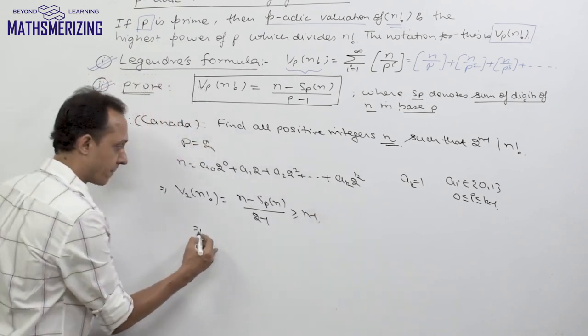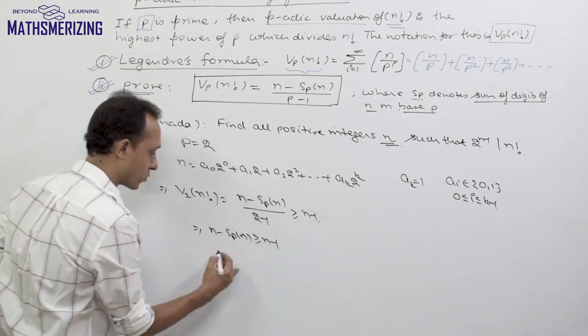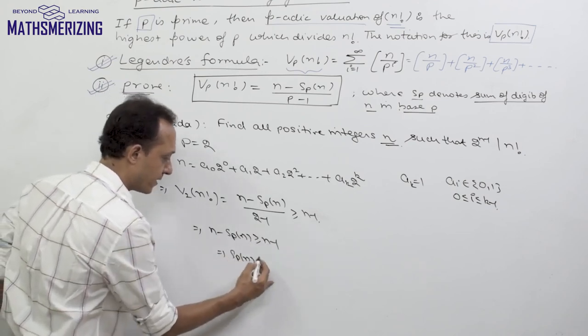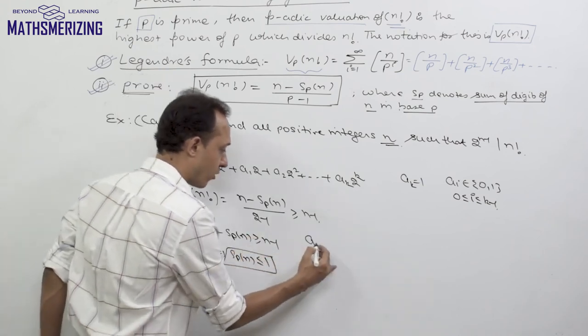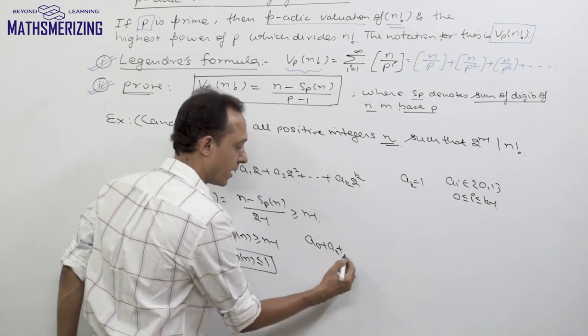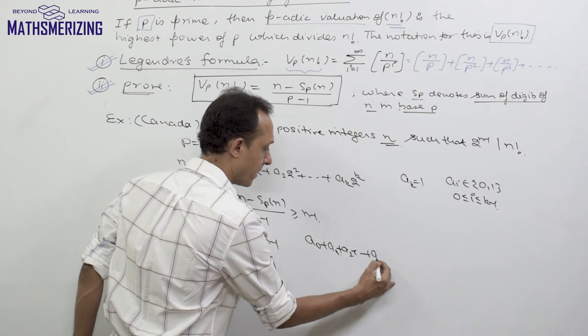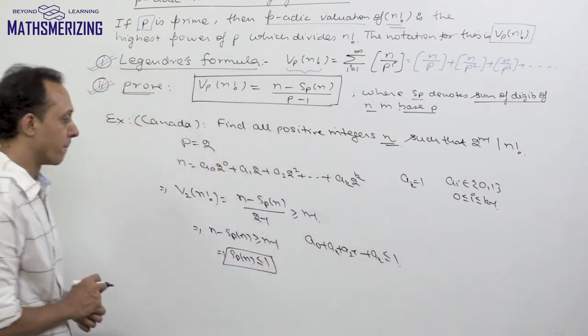So we'll write n minus Spn should be greater than or equal to n minus 1, which is Spn should be less than or equal to 1, which simply means sum of all coefficients a0 plus a1 plus a2 plus ak should be less than or equal to 1.